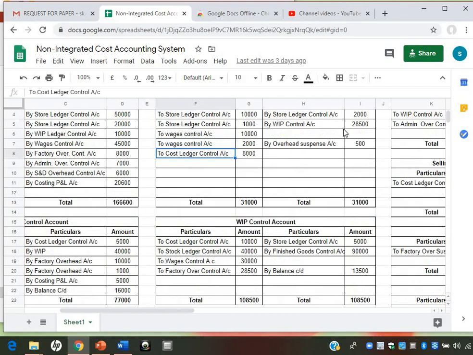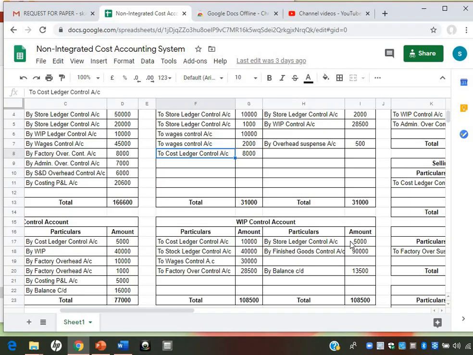Whatever the amount of factory overheads, it will be again charged to the work in progress, because we have prepared a separate account for the indirect expenses, but all these expenses are incurred for the production purposes. So we will transfer these expenses to work in progress control account after making the allocation and separation of these expenses to the factory overhead control account.